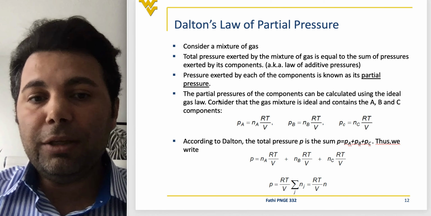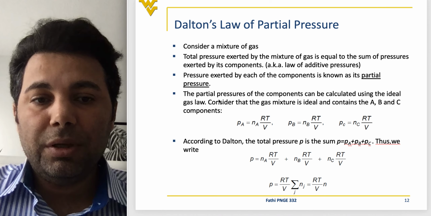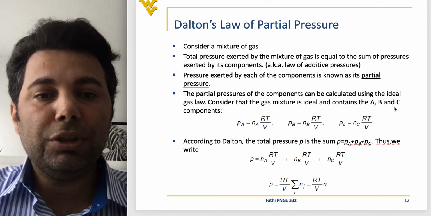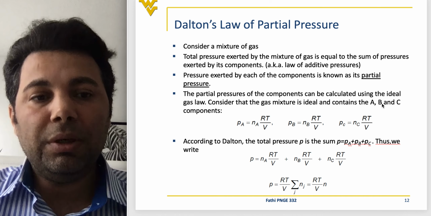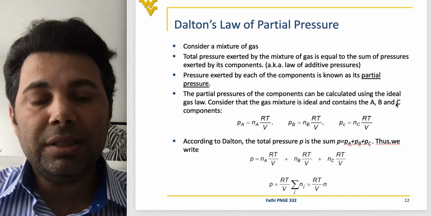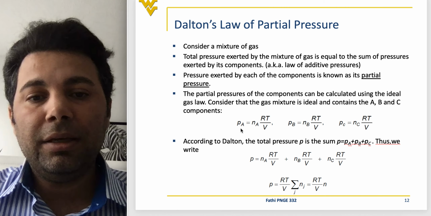What I can do is find the partial pressure of every component in the mixture. Let's say we have a mixture of three components, A, B, and C. I can write the equation of state for component A, component B, and component C and find their partial pressures. For example, for component A, we know PV is equal to nRT.